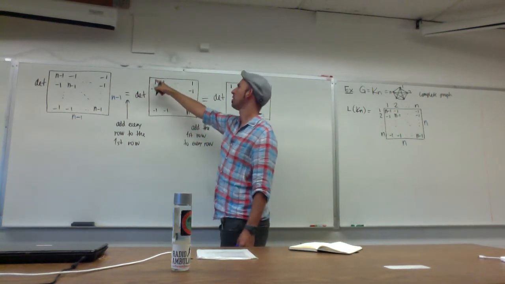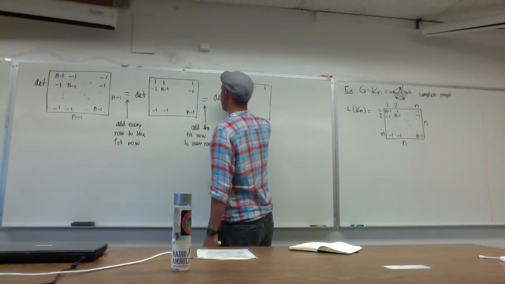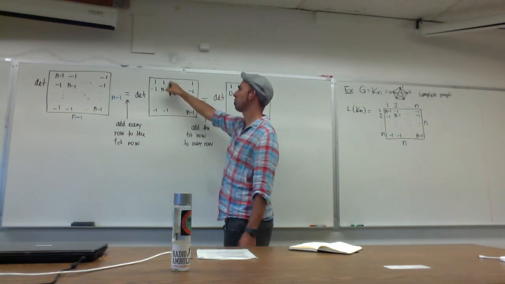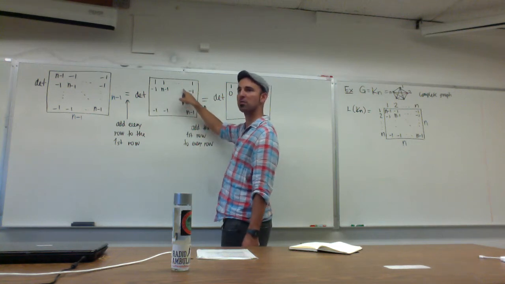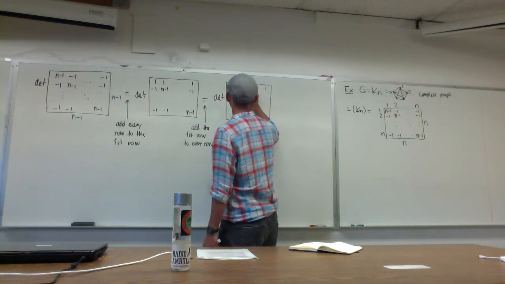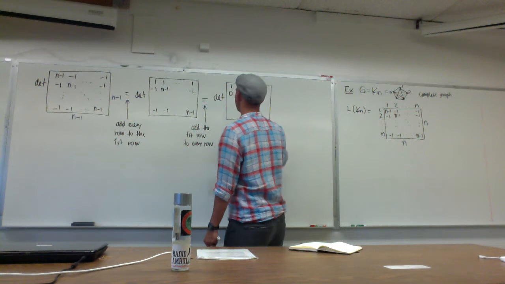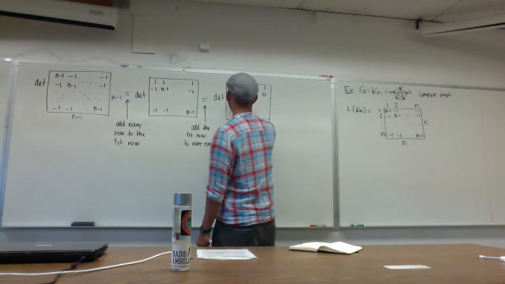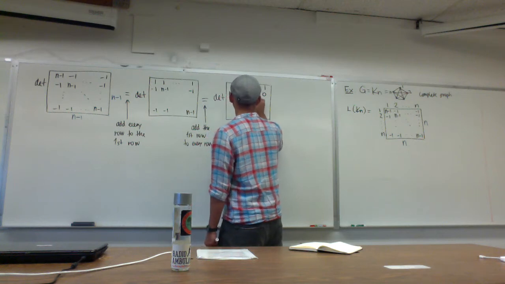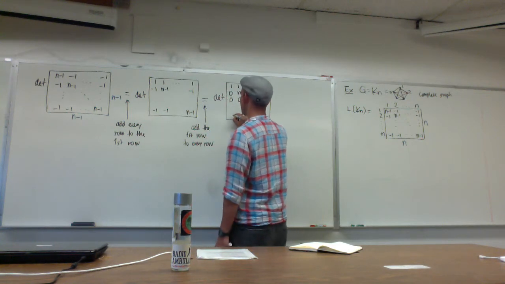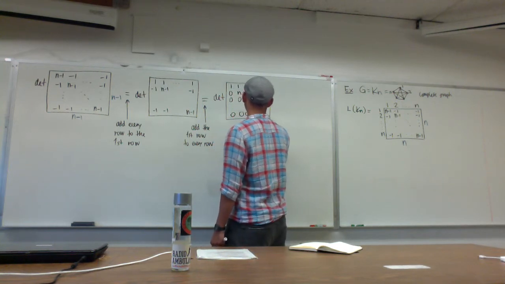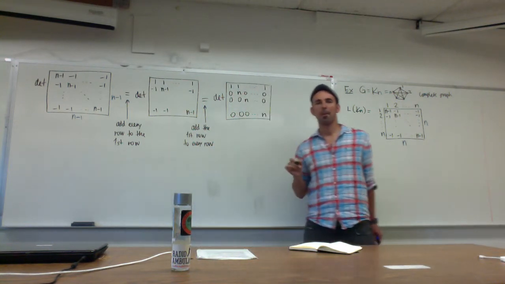What do I get? 1 plus minus 1 is 0. 1 plus n minus 1 is n. And then here I get 1 plus minus 1 is 0. 1 plus minus 1 is 0. 0, 0, 0. And you see the other ones, the same thing happens, right? Here I get 0, 0, n, 0. When I add this one to this one, I get 0, 0, 0, n. Okay?